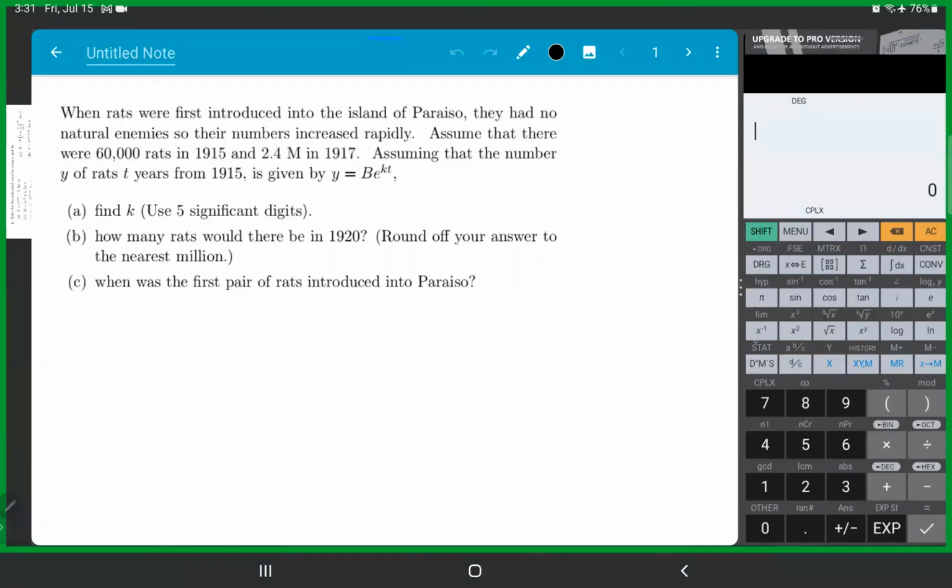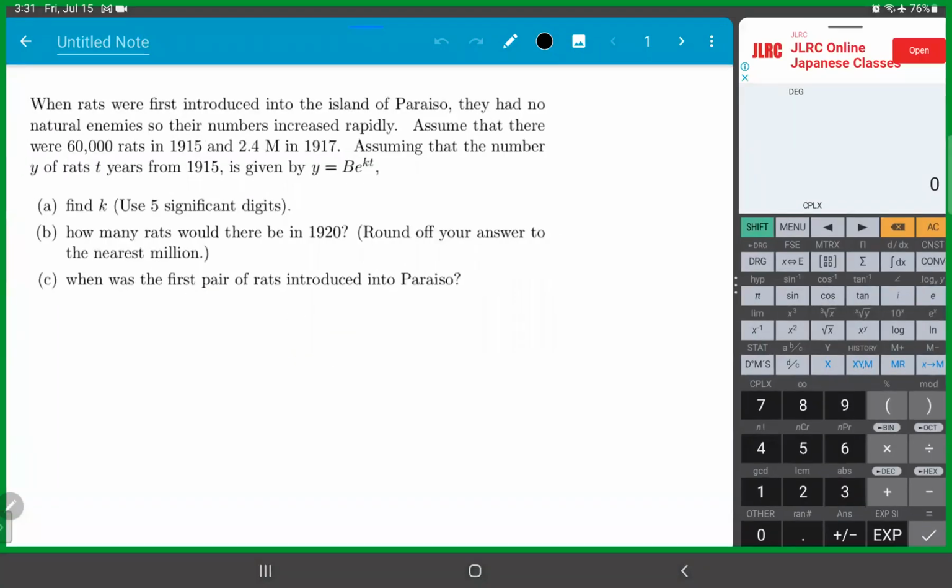So let me just give a set of exercises on applications, which we will just limit to exponential growth and decay. We won't include topics like continuous compound interest or logistic growth.